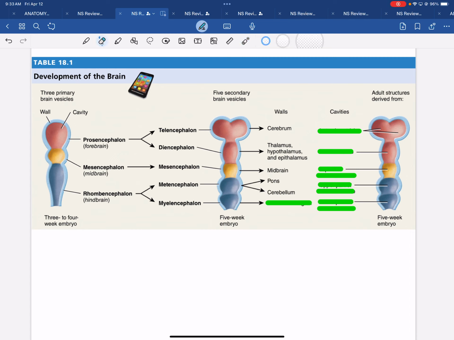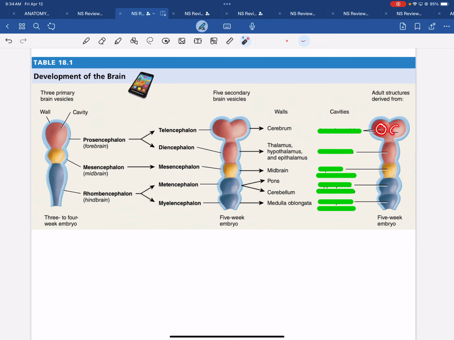Good, the pons and the cerebellum. And the myelencephalon turns into what? Good, the medulla oblongata. The tracts are myelinated mostly. Exactly, right? Also because the spinal cord is mostly myelin, because of all of the white matter, like on the lateral portion of the spinal cord.